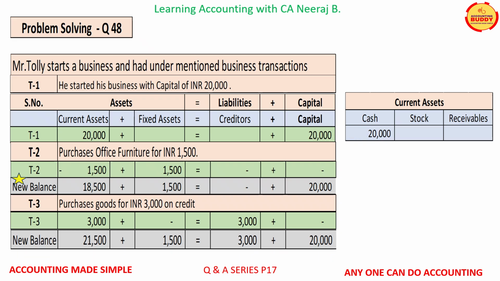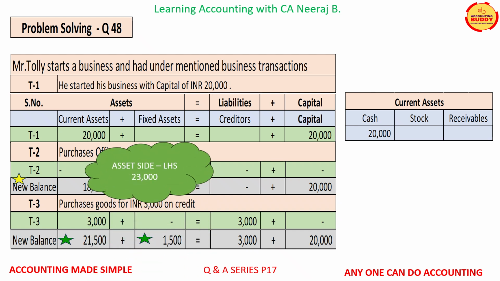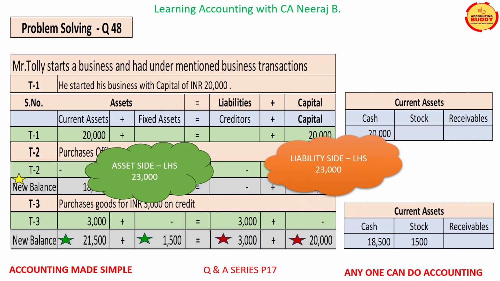Now the new balance of the accounting equation post T3 transaction will be 21,500 cash and 1,500 furniture, totaling to 23,000 of assets on the left hand side and a capital of 20,000 plus a liability of 3,000 on the right hand side of the accounting equation. At this stage, the business will have 18,500 of cash and 1,500 of stock under the head current assets.